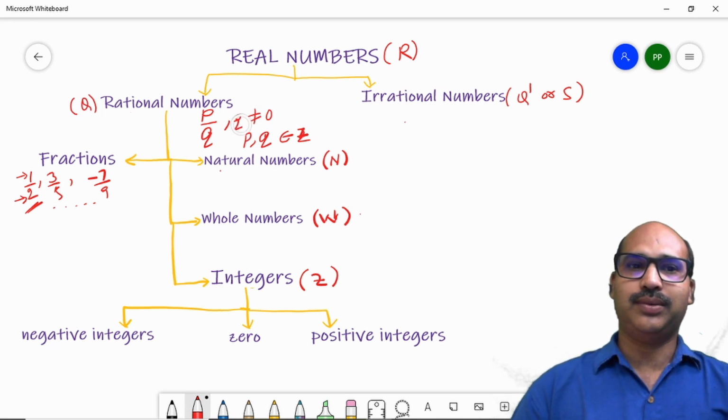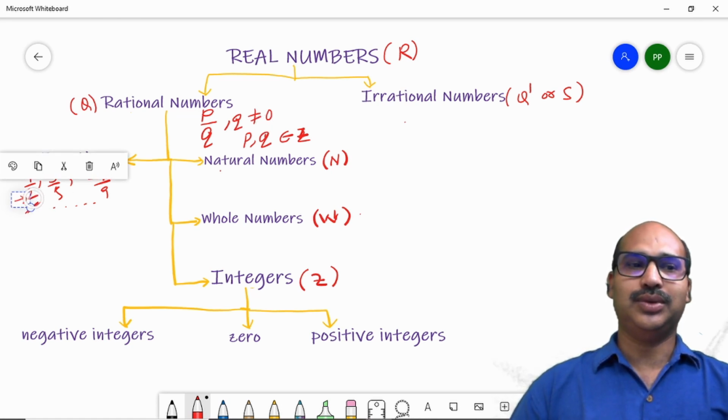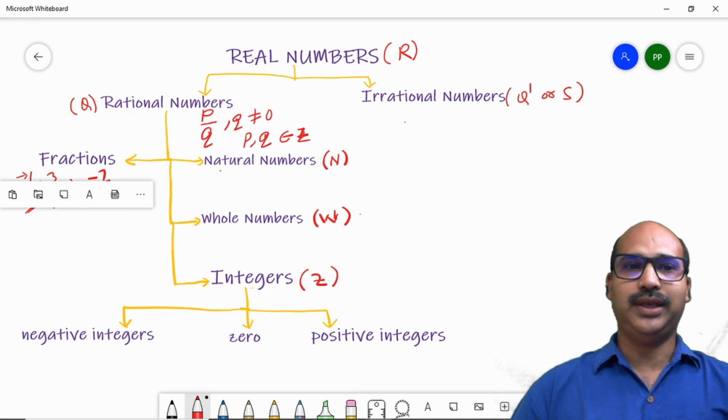If Q equals 0, that means the denominator is 0, and as we know, a number divided by 0 is undefined. So the denominator Q is not equal to 0, and P and Q both belong to Z, Z in the sense integers.